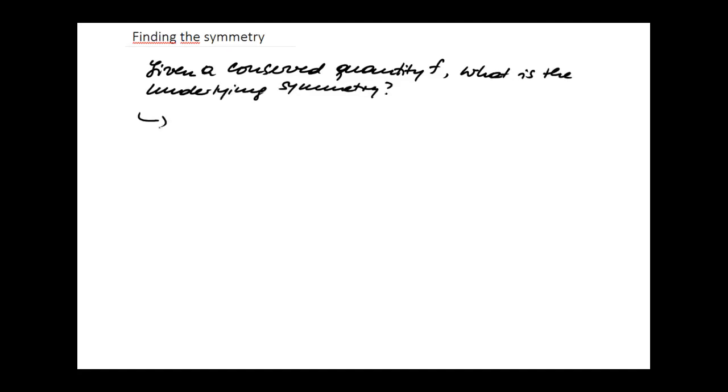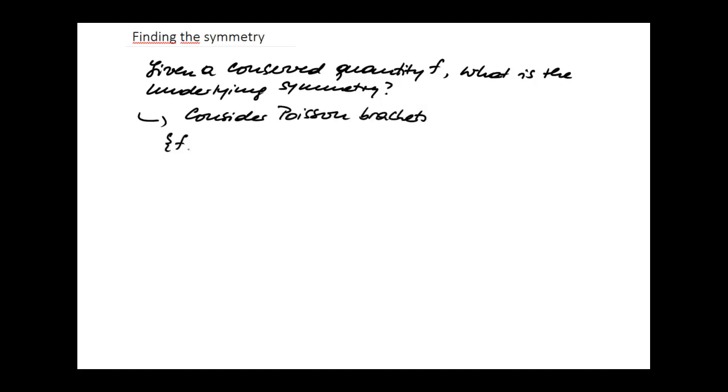You may find that a certain quantity is conserved, and you wonder what is the underlying symmetry that gives rise to this conservation law. So you want to go the other direction. So you wonder, given some conserved quantity f, what is then the underlying symmetry? And one way you can uncover the underlying symmetry is by considering certain Poisson brackets.